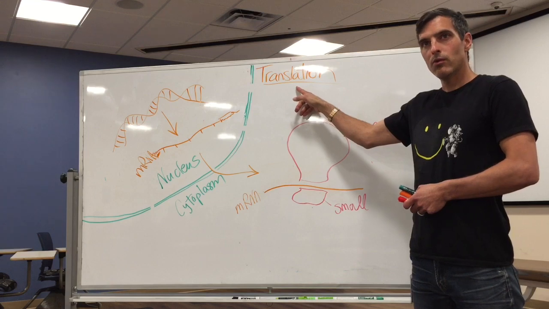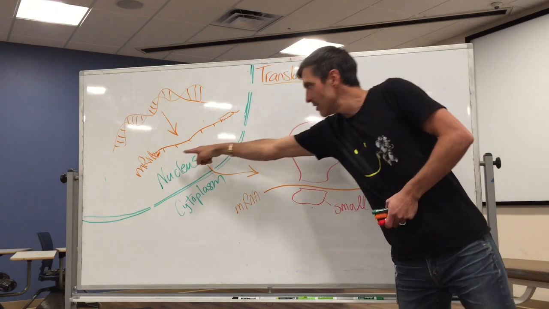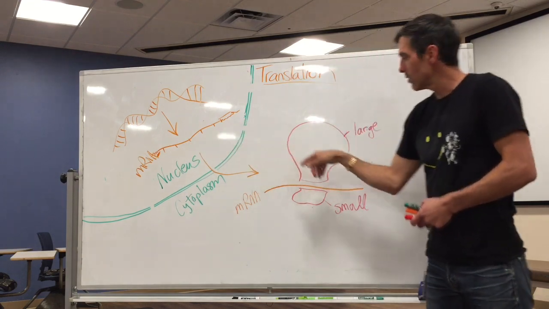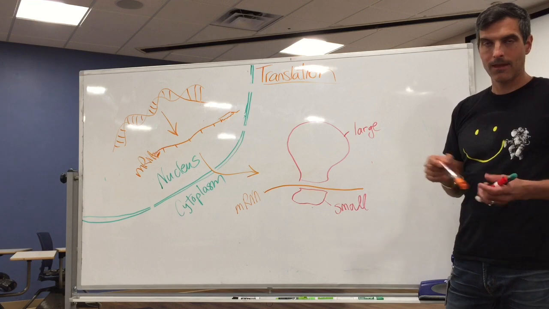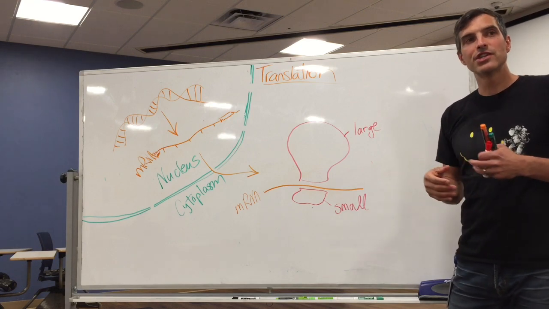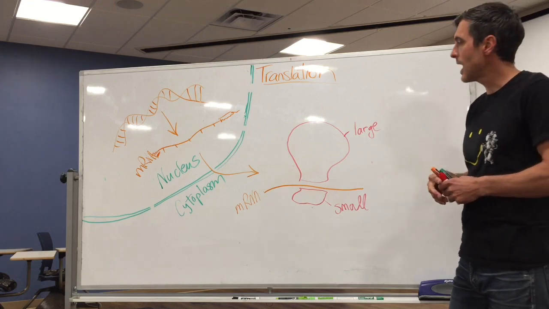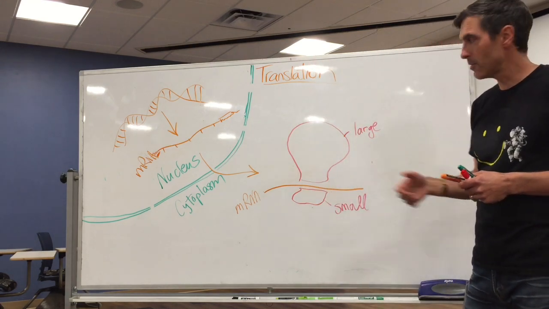Translation, we will just translate the message, the messenger RNA. We want to translate that into what? Into a protein. So we want to decipher the genetic code, and that will allow us to build our polypeptide, which will become a protein.